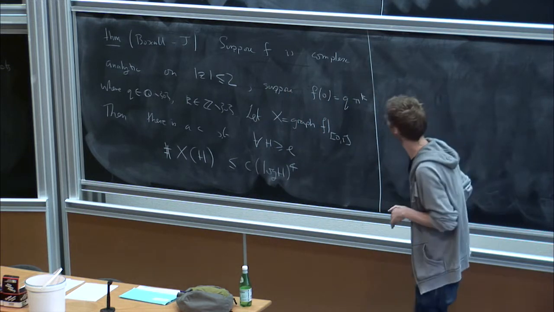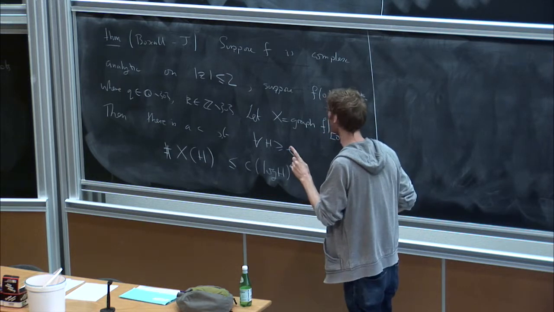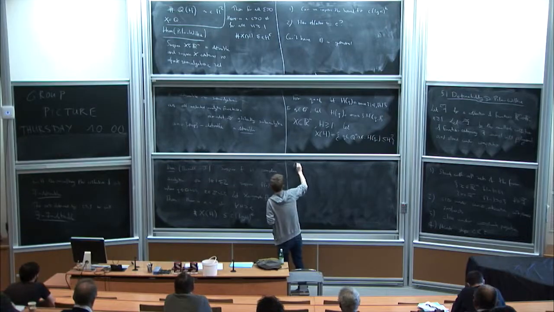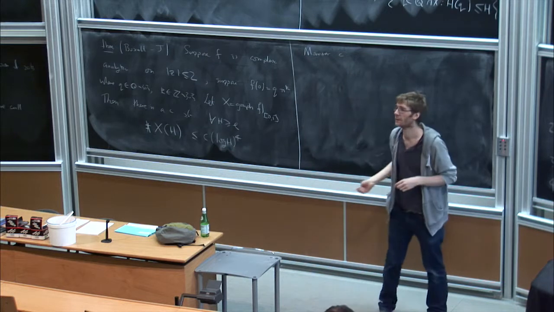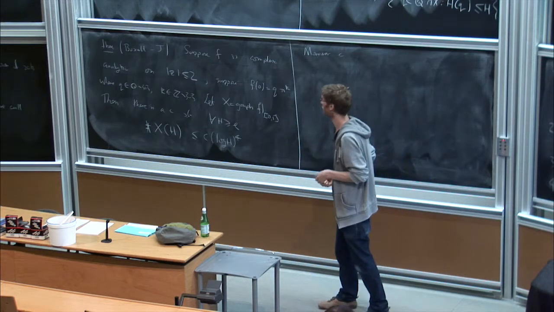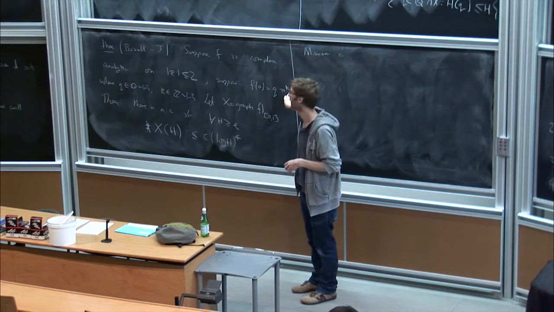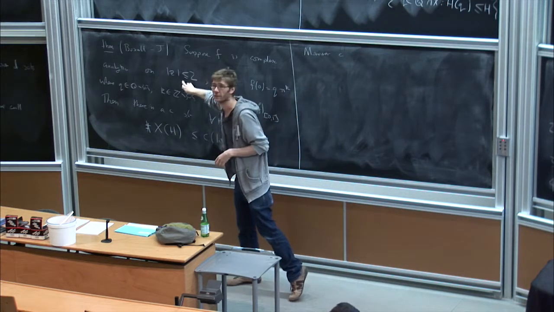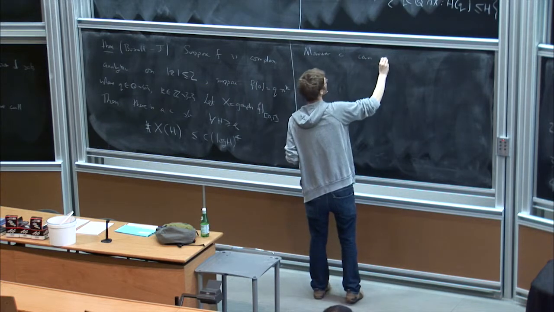But I don't need to be too precise. And here C can be computed fairly easily if you're given q, k, and a bound for the maximum of f on this disk.